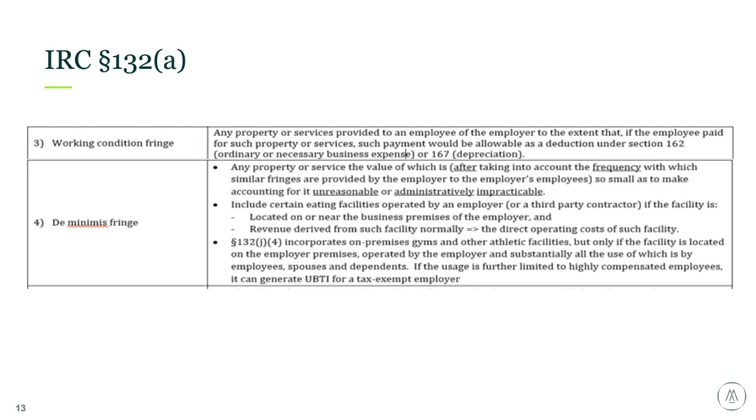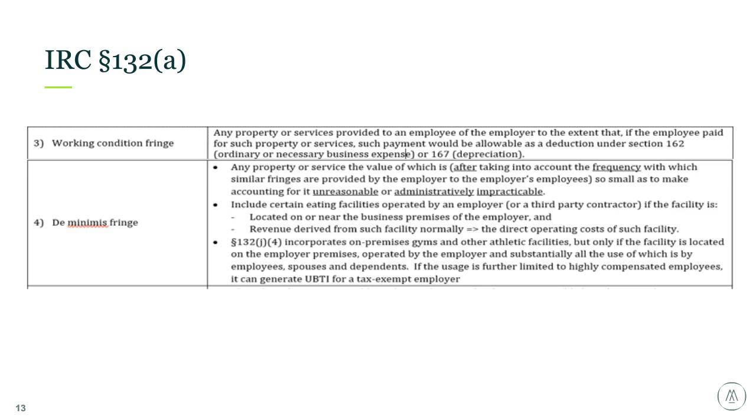If I'm going to run a cafeteria on my business premises, or bring in a third party to run it, if the employees at least pay for the cost of operating it, then the IRS is not going to have additional taxable compensation to them just because they're getting a meal that if they bought it themselves would have cost $40, but because they're only having to cover the cost of it, it only costs $10, they're not going to tax the employee on that spread.